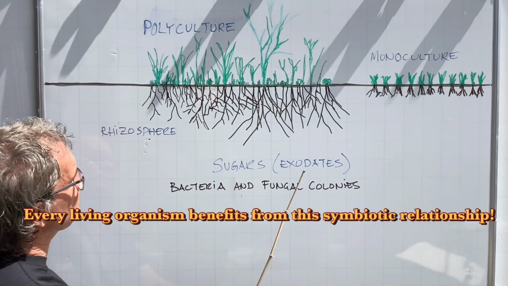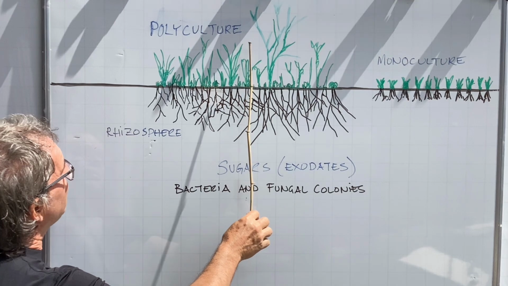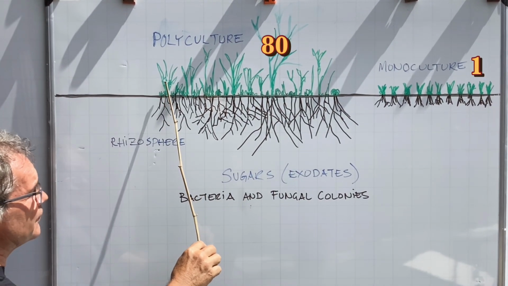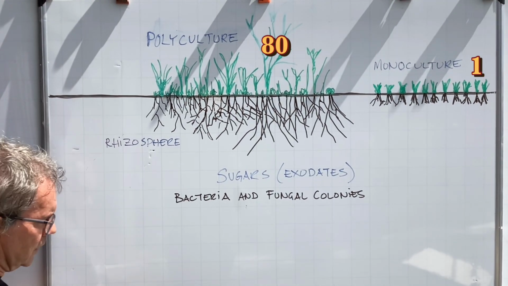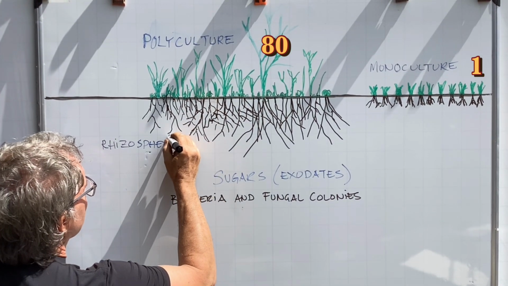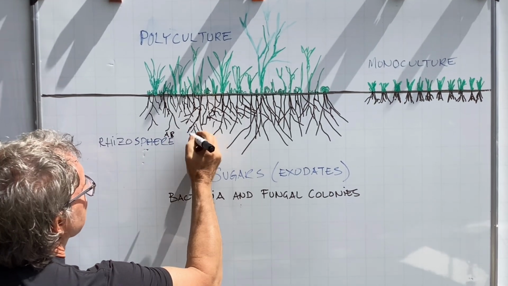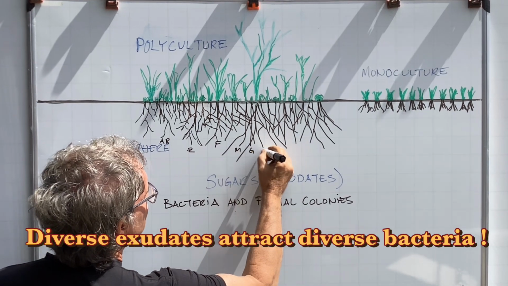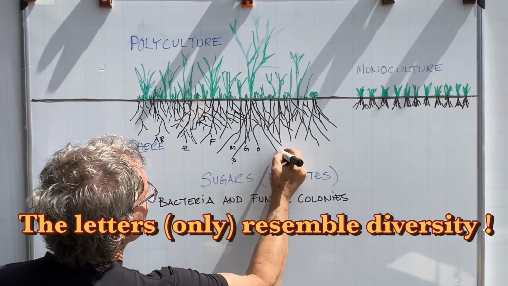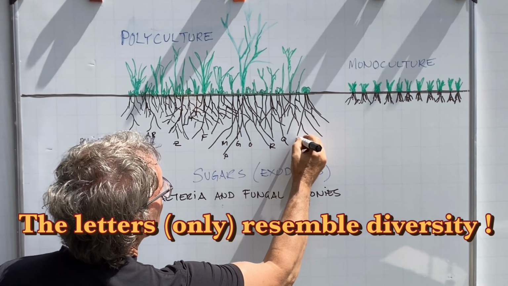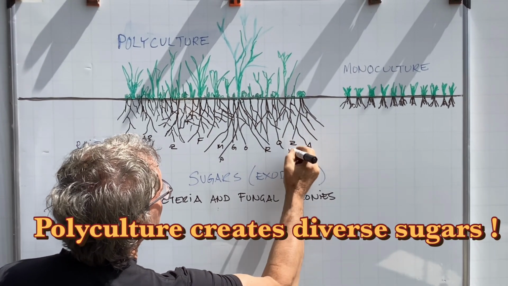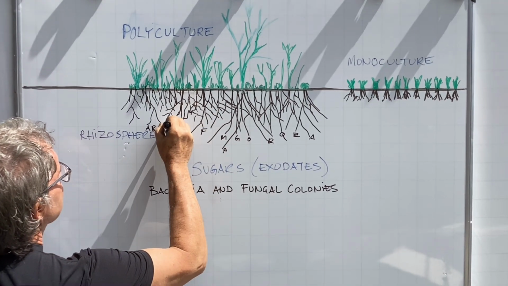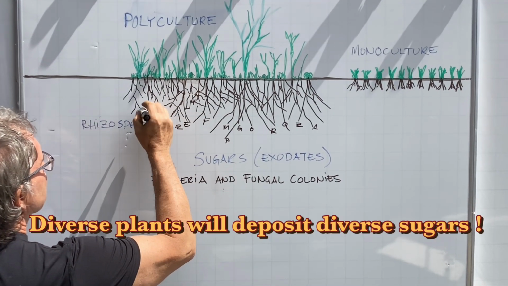living organisms. So this biodiverse polyculture, let's say it has a number of 80 different plants. So they will do this. They'll go A, B, Z, F, M, G, O, P, R, Q, Z, A. So what happens to them is they are depositing so many different types of sugars.